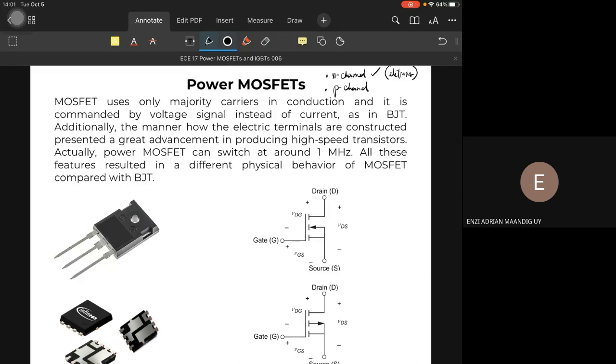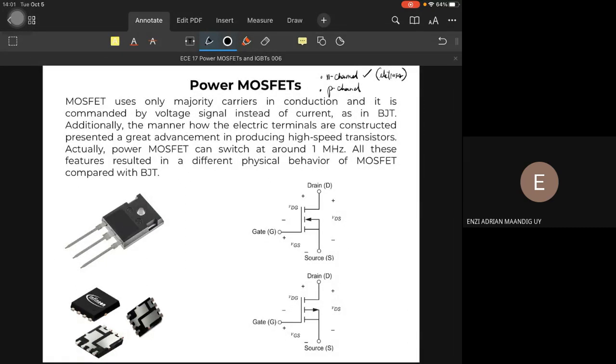Actually, power MOSFETs can switch at around 1 megahertz. All these features resulted in a different physical behavior of MOSFET compared to BJT. And practically speaking, it's easier to handle MOSFETs compared to BJT, especially if power BJT is the concern. The fact alone that we need a special type of driver circuit to drive the base of the BJT shows the complexity compared to handling the MOSFET.